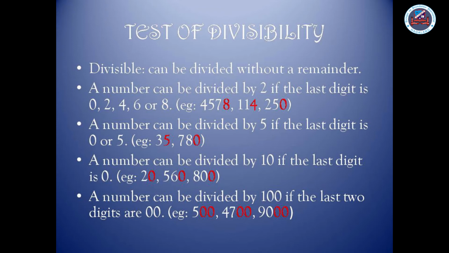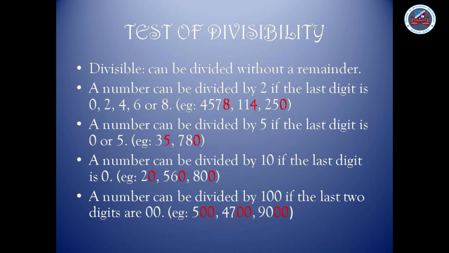A number can be divided by 10 if the last digit is 0. Example, 20, 560, 800. We see here in these three numbers, the last digits are 0. So all these numbers can be divided by 10, or we can say it is divisible by 10.